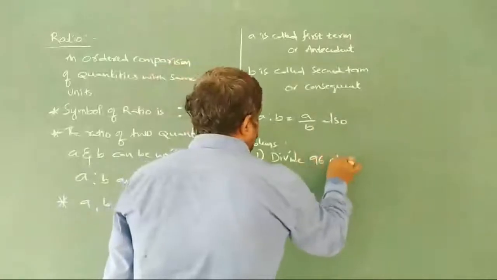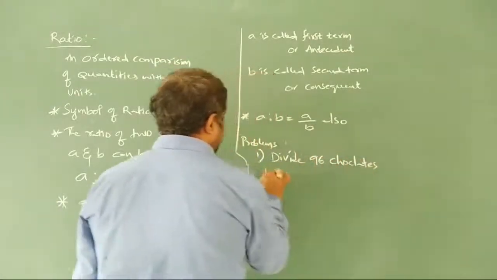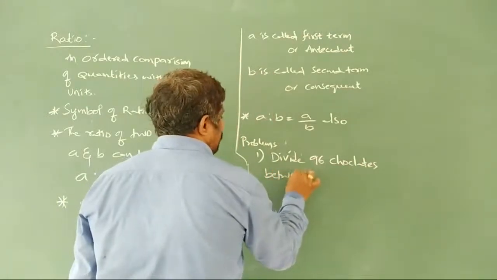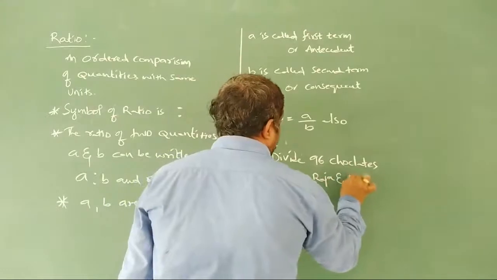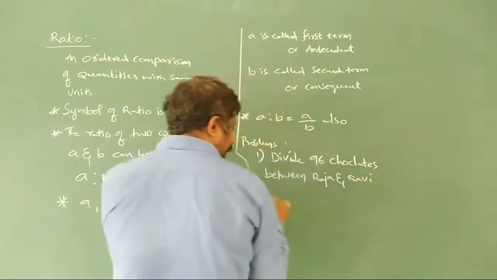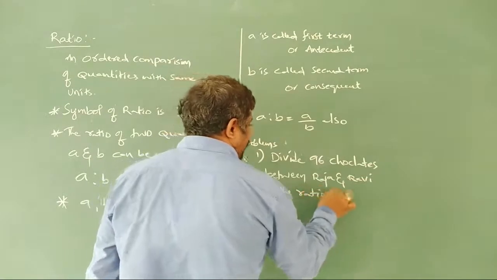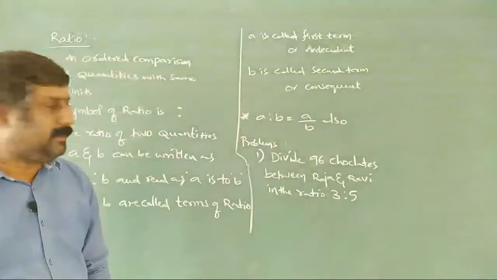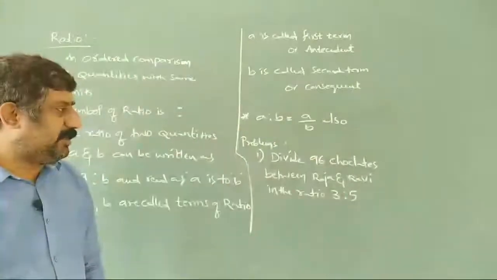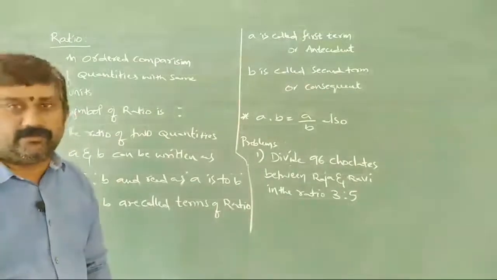Divide 96 chocolates between Raja and Ravi in the ratio 3:5.